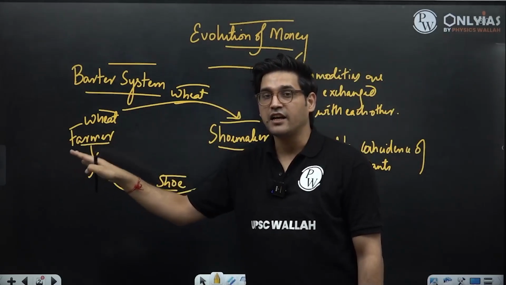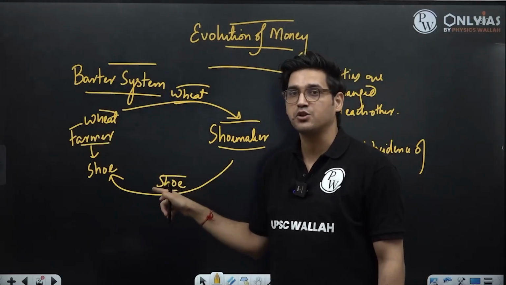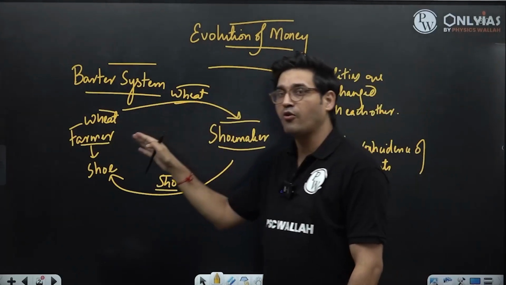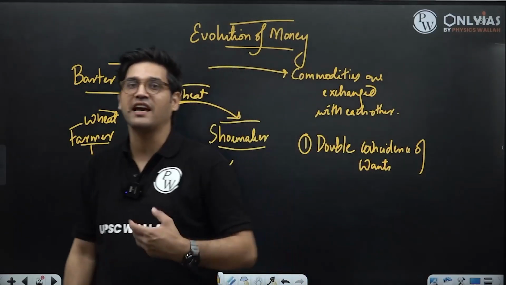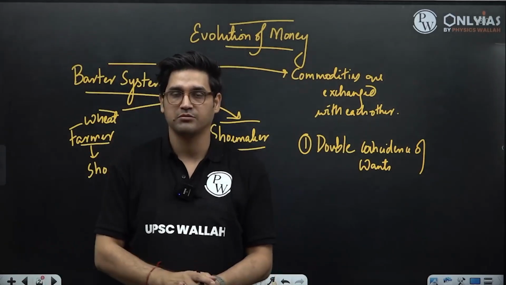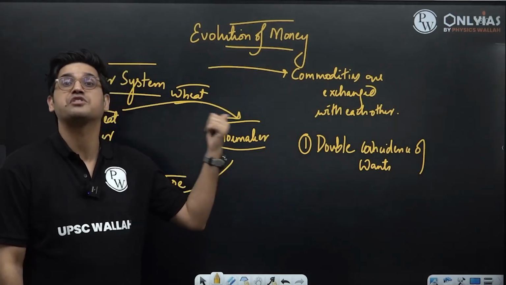Only then is this transaction going to go through. Only then am I going to get this shoe if he also wants wheat. If he does not want wheat, and if he wants something else, for example, he may ask of me to get some gold for him.